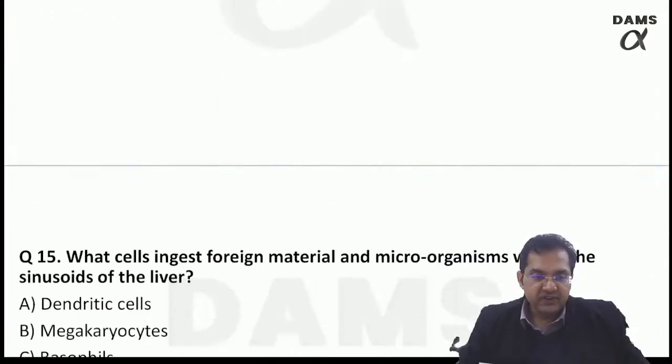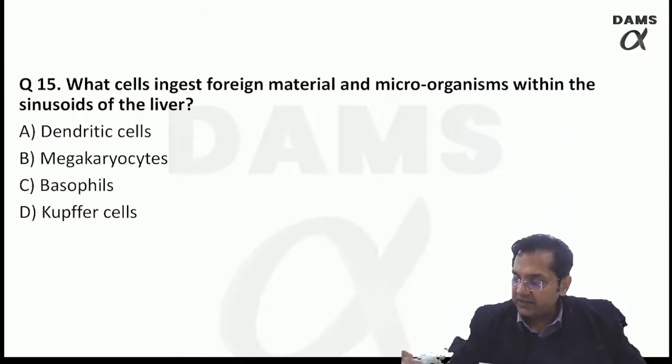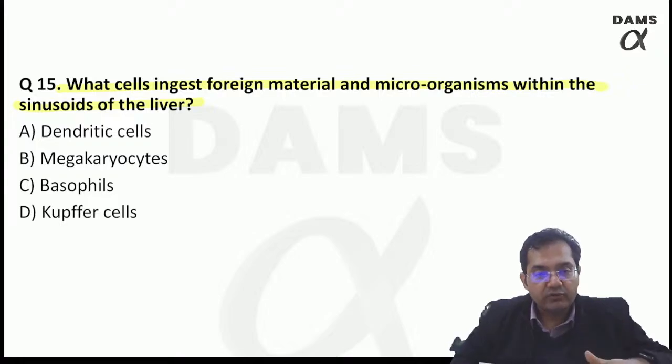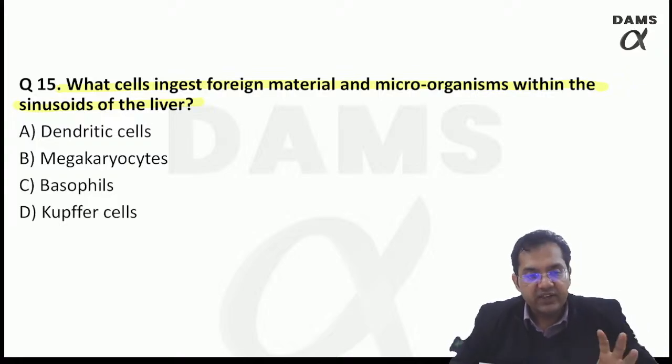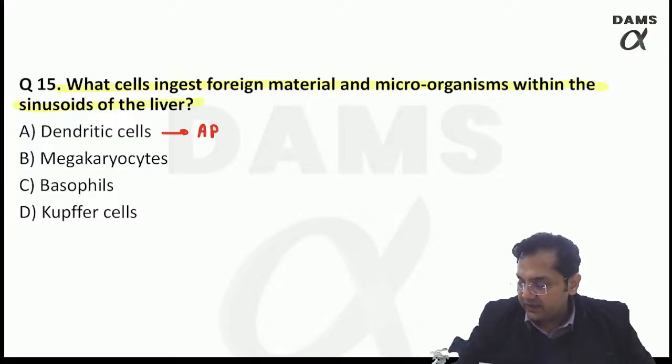Question 15. What cells ingest foreign material and microorganisms within the sinusoids of the liver? Now see, I am changing the same question for you. Basically I am asking which macrophages migrate to the liver and live there, acting like phagocytic cells. Dendritic cells is the wrong answer. Dendritic cells are APCs, antigen presenting cells.